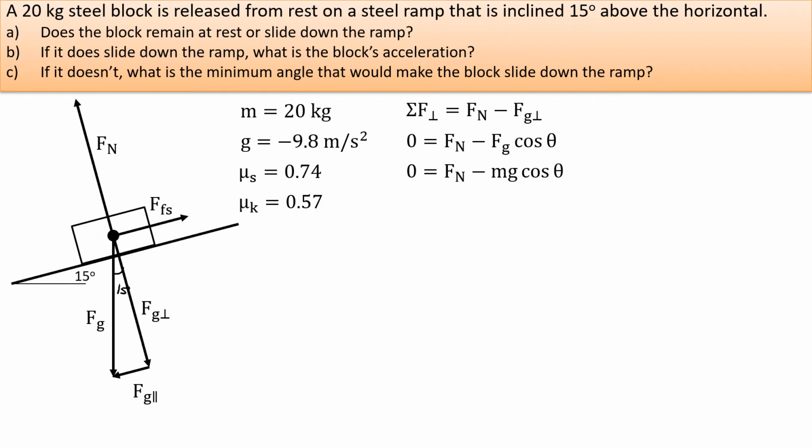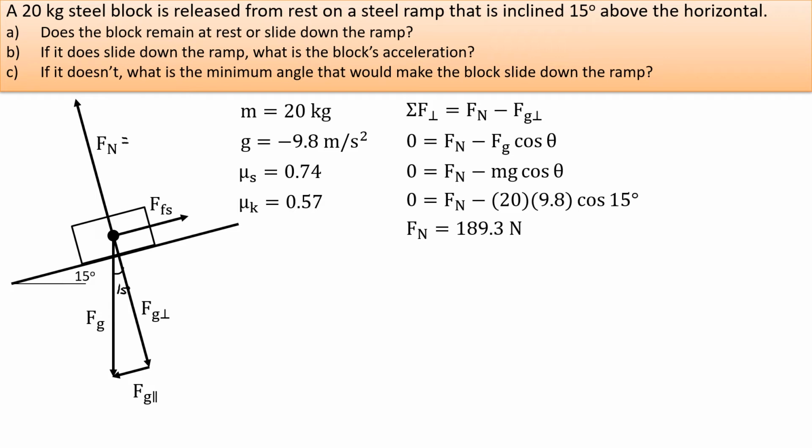That turns into mg because FG is equal to mg. And then you could plug in some numbers. So the normal force is 20 times 9.8 times cosine 15, and that gives you a normal force of 189.3 newtons.